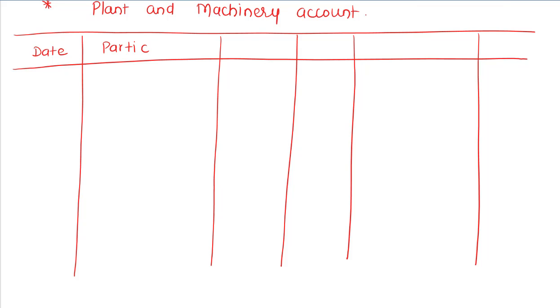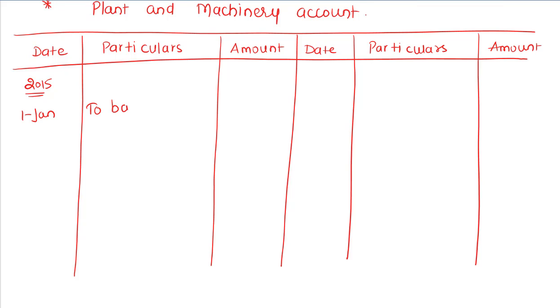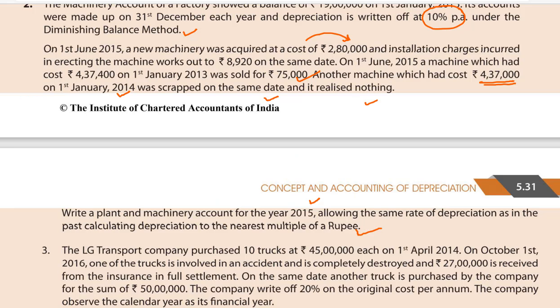Date, particulars, amount on both sides. 2015, 1st January, to balance brought down 19 lakhs.